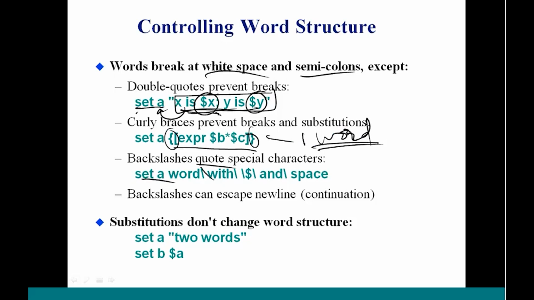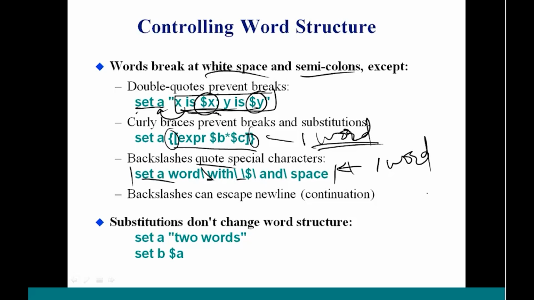So here we set a word with backslash, backslash dollar, and backslash space, and this entire thing is treated as just one word. And then the backslash can also escape a new line.